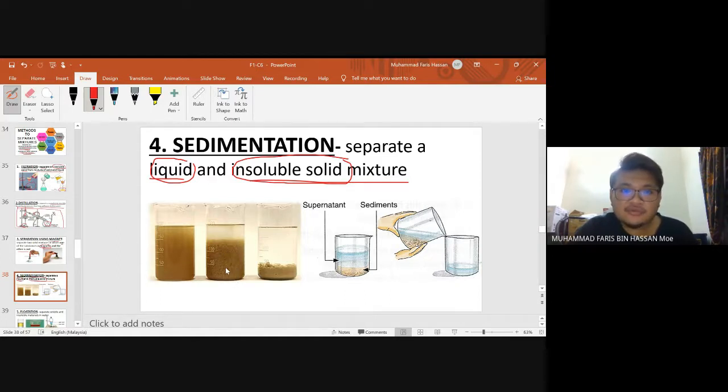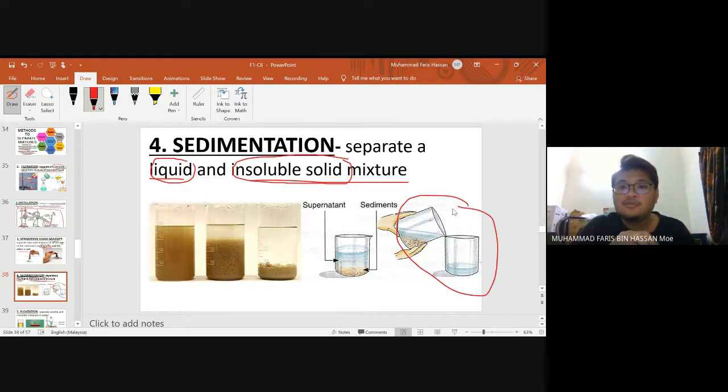If you want to separate the sand from the water, just let the sand sediment at the bottom of the beaker, and after a few minutes, you can separate the water and the sand by using this method.